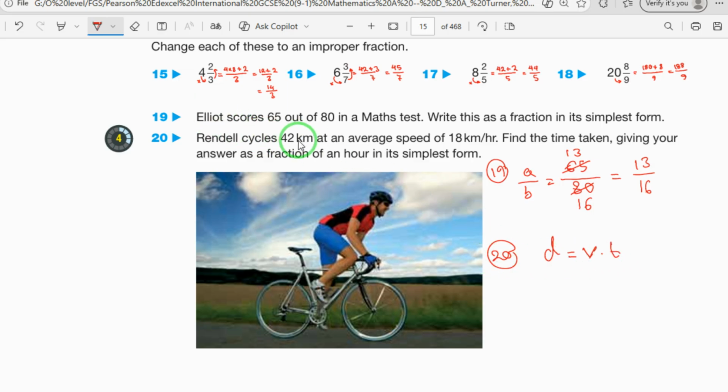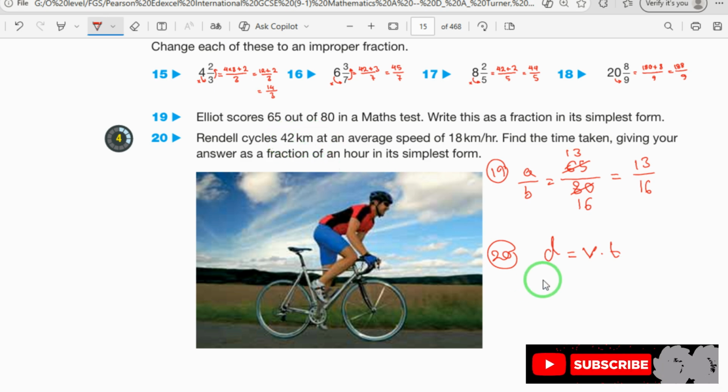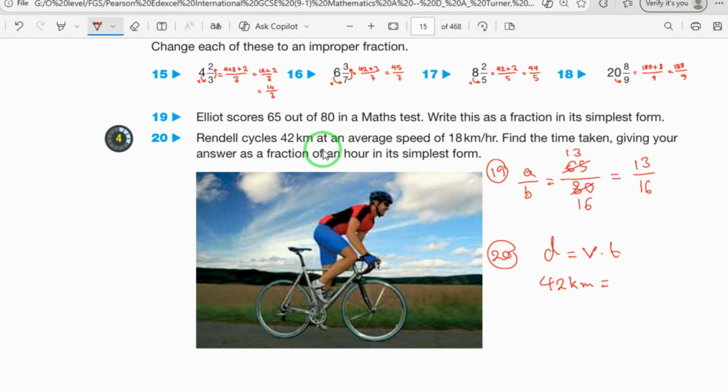Here we have the distance 42 kilometers equal to the average speed 18 kilometers per hour multiplied by t, but t is not known.